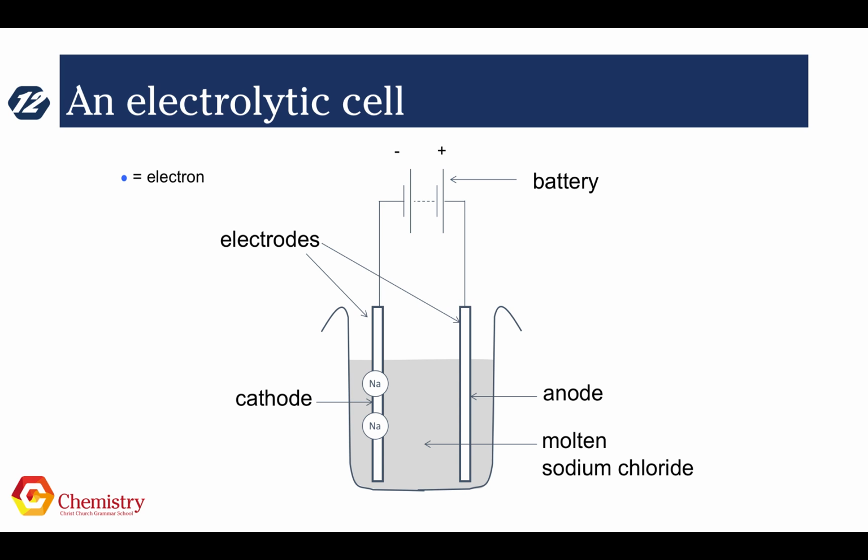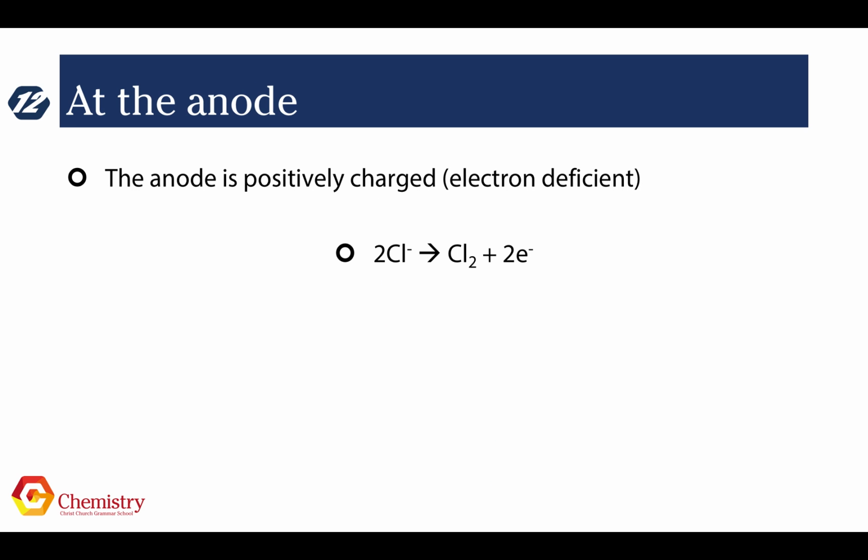What's going to happen there is we're going to drop off some electrons and they're going to complete the circuit, and then we're going to end up with Cl2, chlorine gas, here. And that's essentially an electrolytic cell with a binary salt. So these are the reactions that are happening. The anode, in the case of an electrolytic cell, is positively charged.